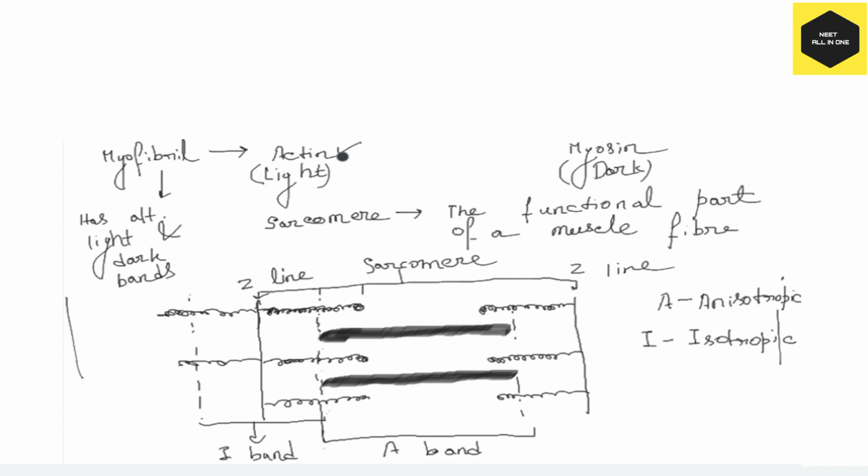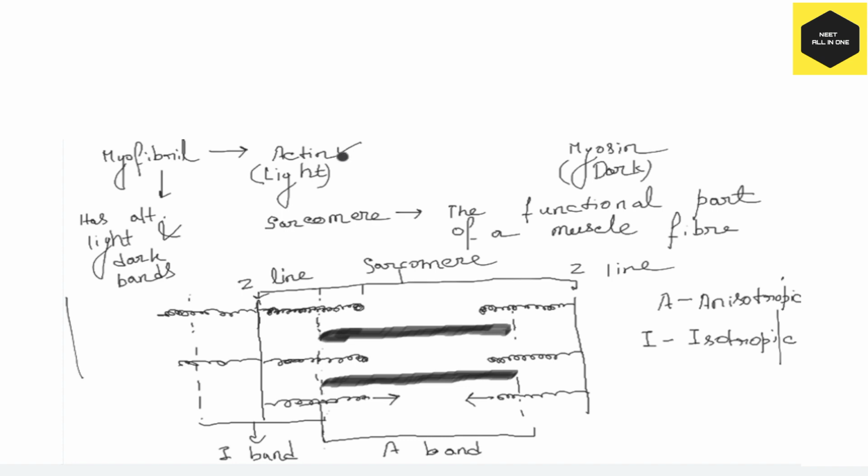Now, in the resting phase, when the muscle is resting, these actin filaments only overlap this myosin to a certain extent, as shown in the diagram. But when the muscle is contracting, these actin filaments will move like this.